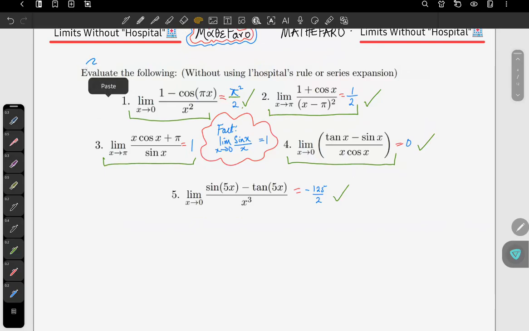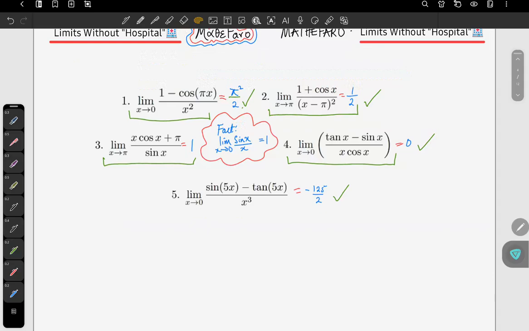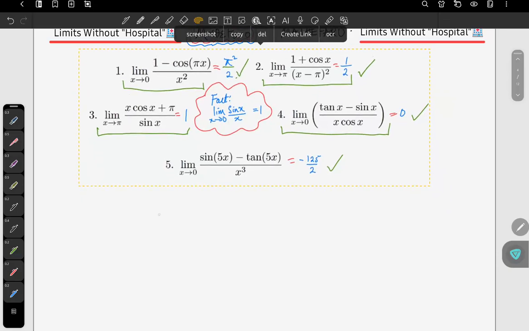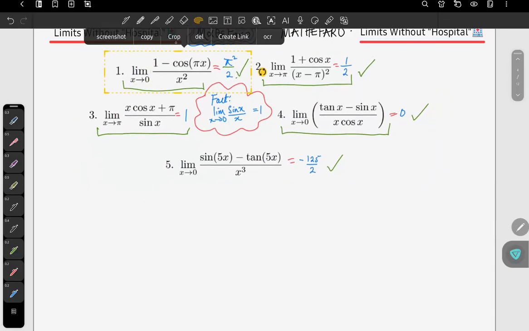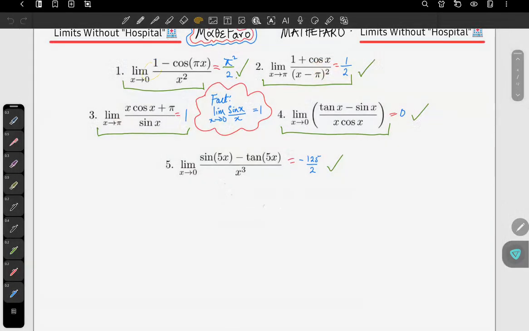Now we want to use L'Hopital's rule. So I'm going to delete the instruction there. Then I'm going to move these up. Then start picking them one by one.